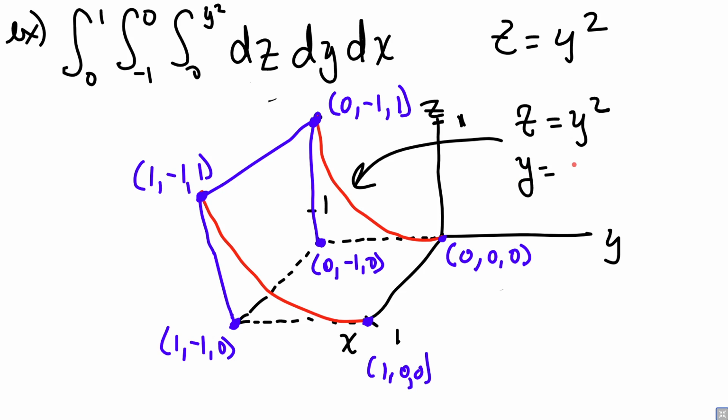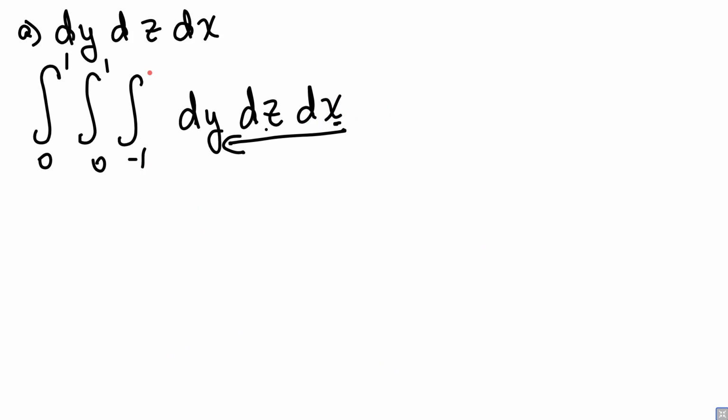Okay, so y equals the square root of z. But we have to be careful. It should be negative. Because if you think about the parabola, there's actually two sides. And we are dealing with the negative side of this and not the positive side. So it has to be that y is equal to negative square root of z. So that will be the upper limit. Any questions?